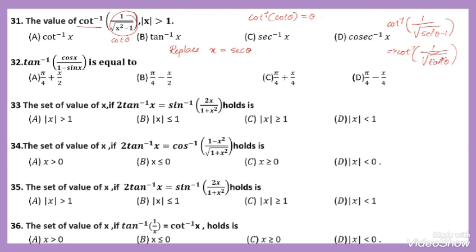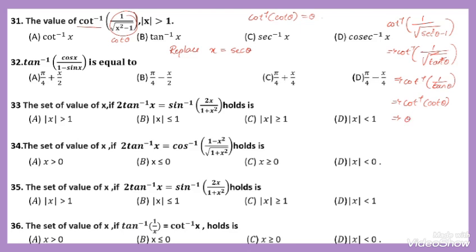Here square and root get cancelled. We have cot inverse of 1 by tan theta. Now, 1 by tan theta can be written as cot theta, so cot inverse of cot theta. We will get the result by using the property. I can write theta. We want the theta value.